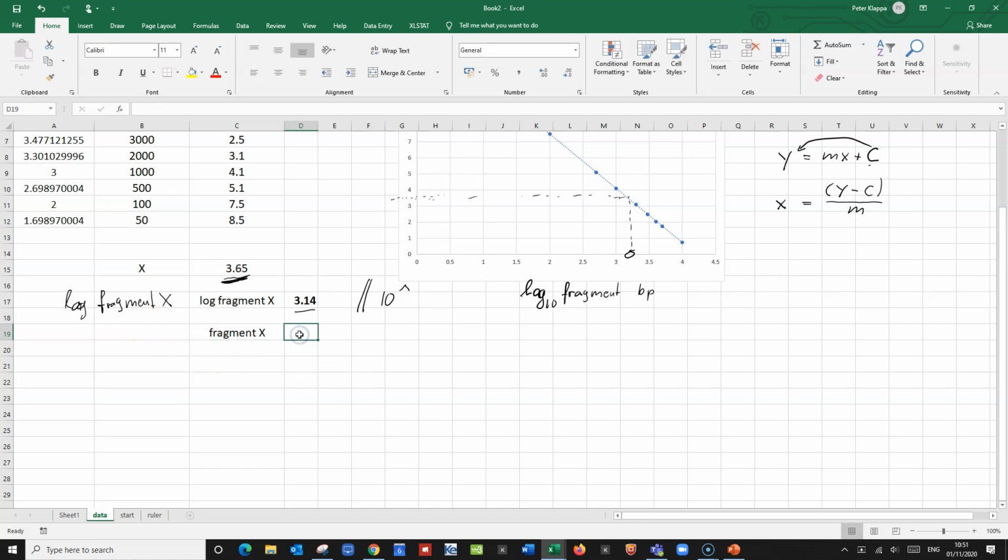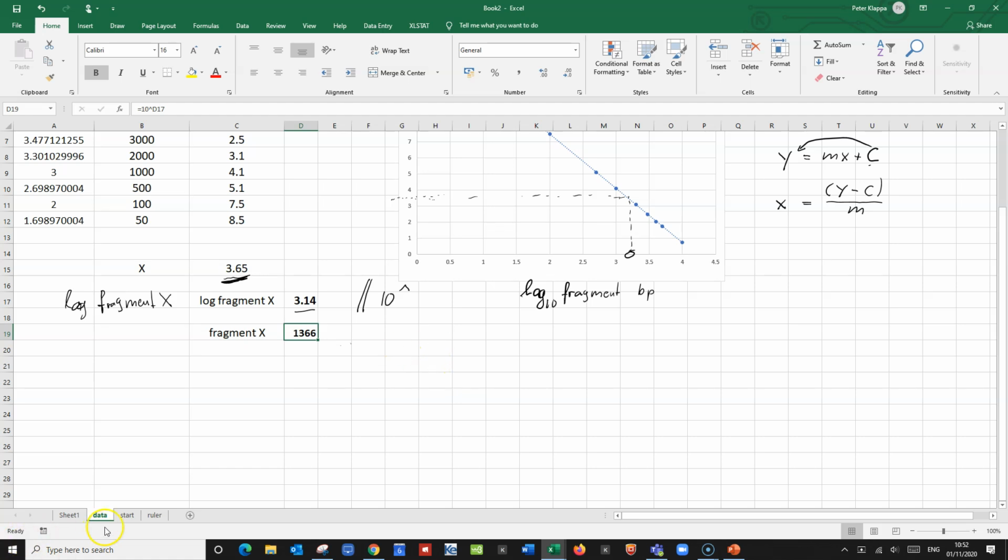We can do the calculation here. Equals 10 to the power of this one here. So we would get the fragment size for x of 1366 base pairs.